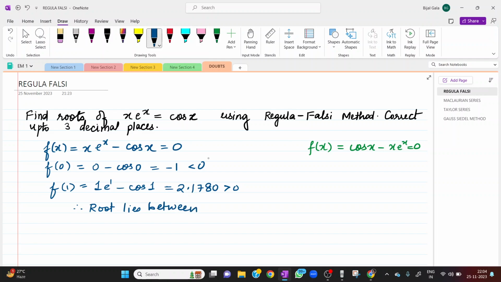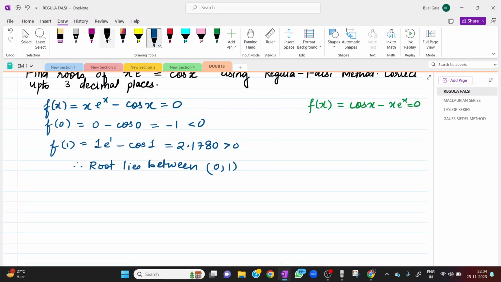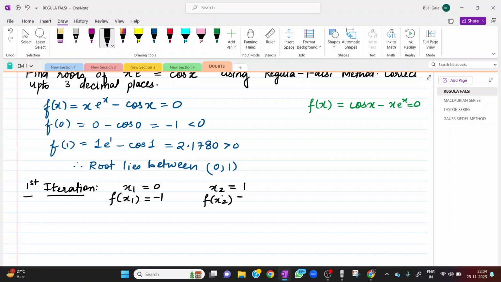So the answer will be between 0 and 1. Okay, so we start with the first iteration, which has x1 as 0 and f of x1, which we found as negative 1. x2 is 1 and f of x2 is 2.1780.